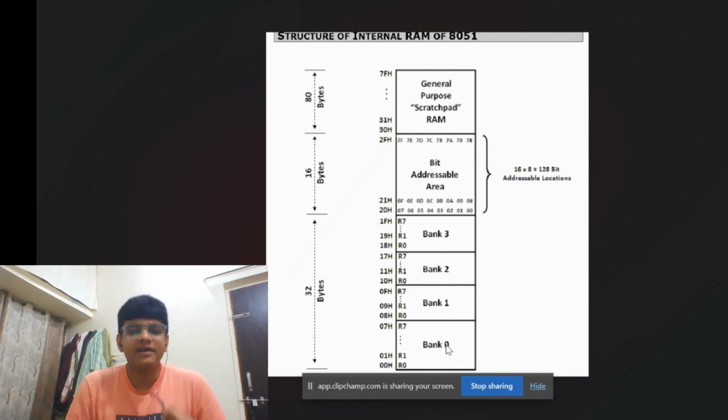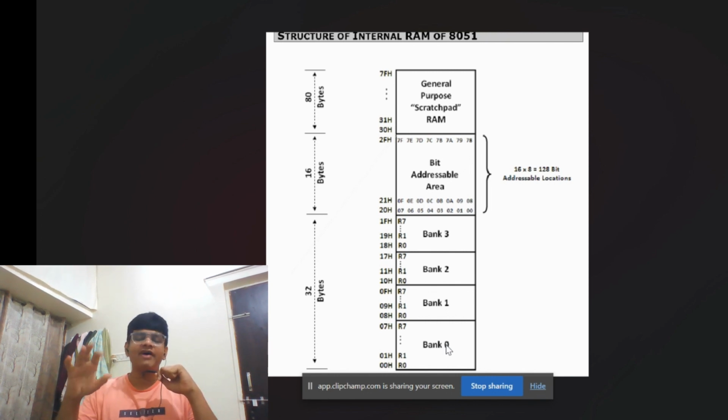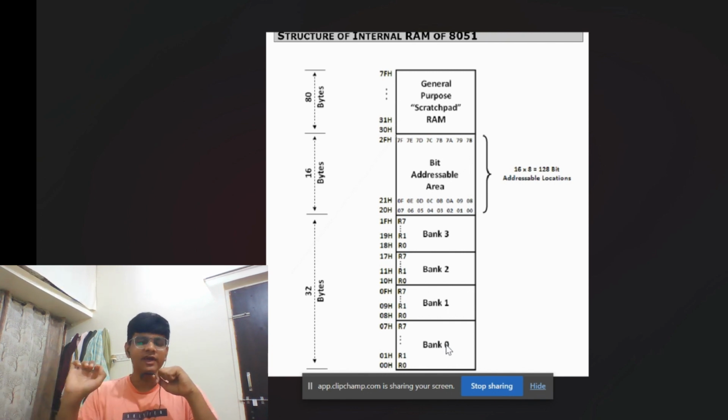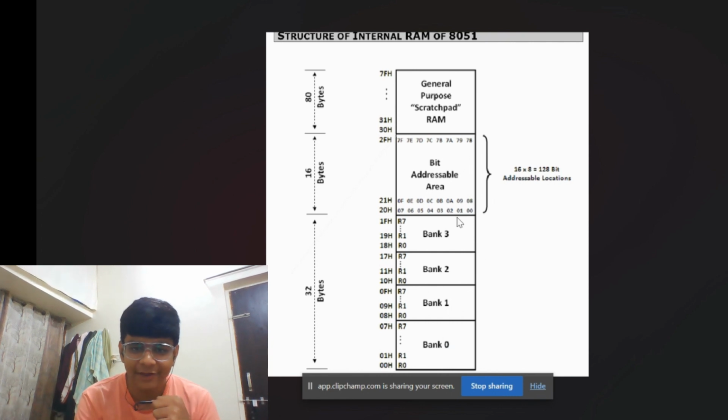For now, when a viva examiner or any external asks you why the 32 bytes are divided into four banks, just tell them that due to the numerous opcodes generated, we have divided the banks into four parts: bank 0, bank 1, bank 2, bank 3. Each bank consists of 8 registers. Only one bank can be active at a time.